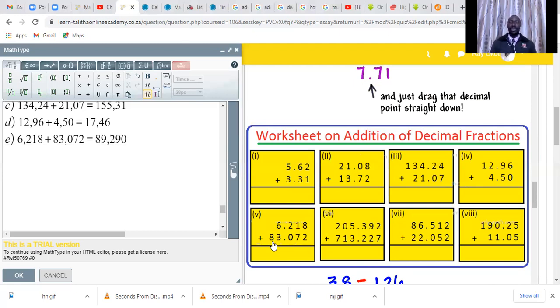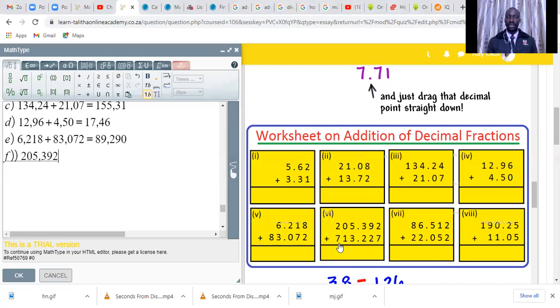Now, in the next step, we are going to be adding, that is in question 6, activity 1, part 6. So in activity 1, part 6, we're adding 392, rather 205.392.